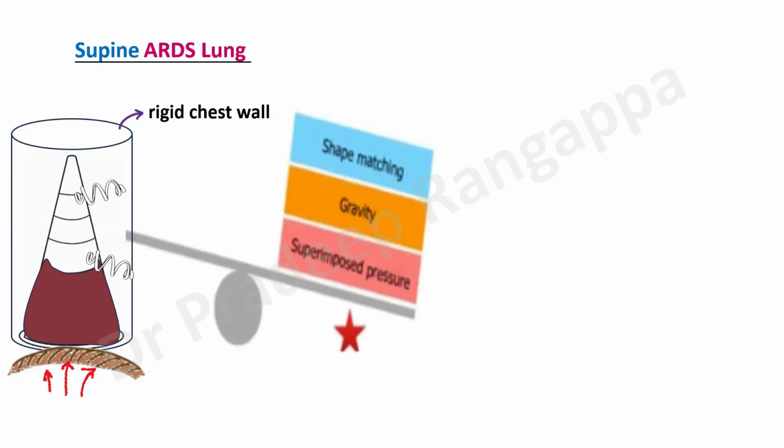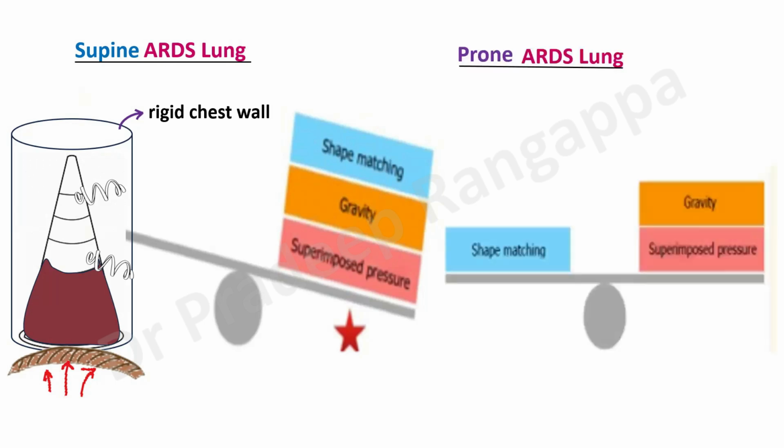But with proning, we are eliminating two of these components: the gravity and the superimposed pressure. Shape matching is an innate nature of the lung, happening with the compensatory effect of this elastic lung within the rigid chest wall and the influence of the diaphragm also. These are the components which help in the shape matching situation that tends to happen in ARDS.